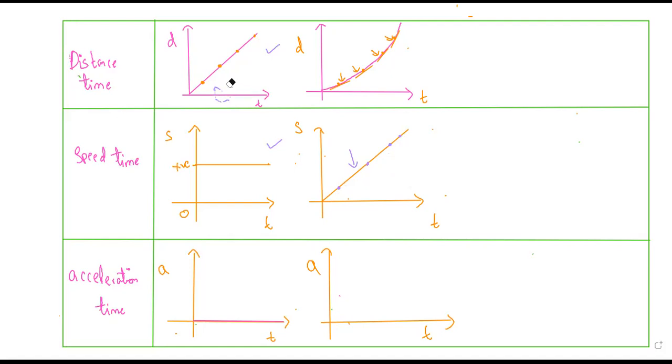Similarly, if the speed time graph is a straight line, like the orange graph that we have, then certainly the acceleration time graph is going to be a straight line of this type. Okay, we are going to follow the same concept.